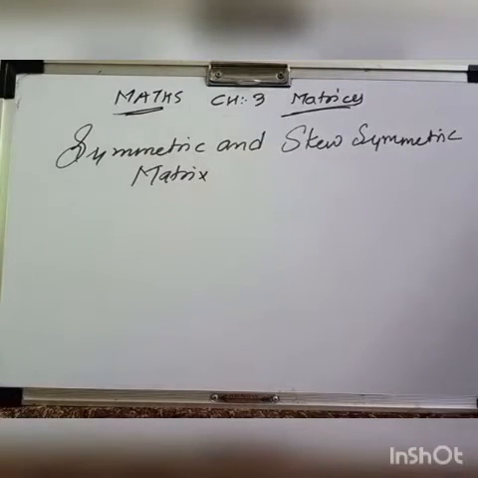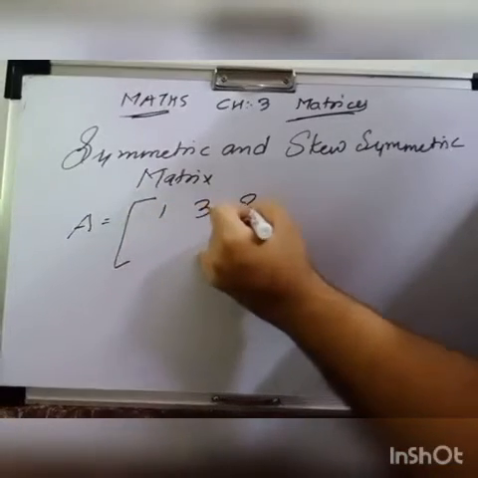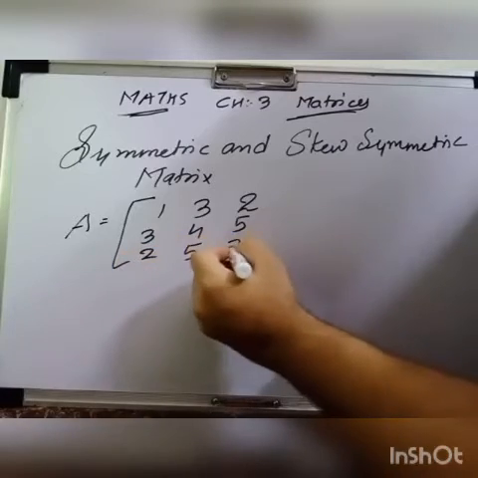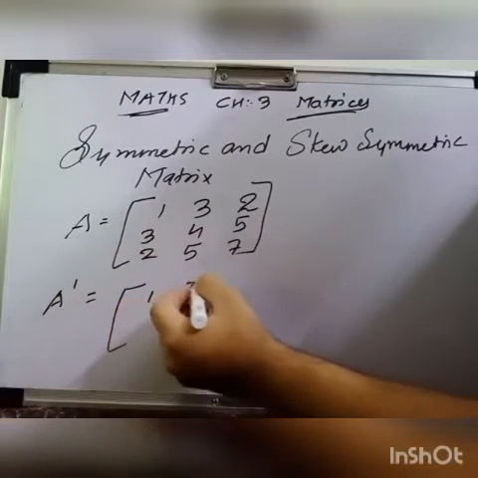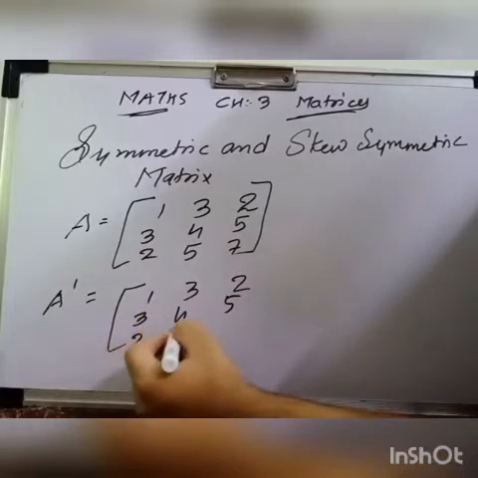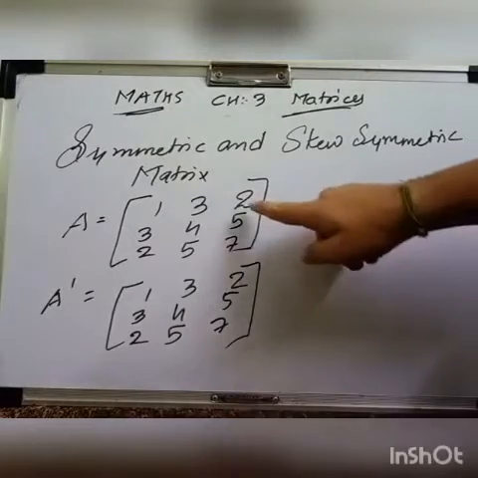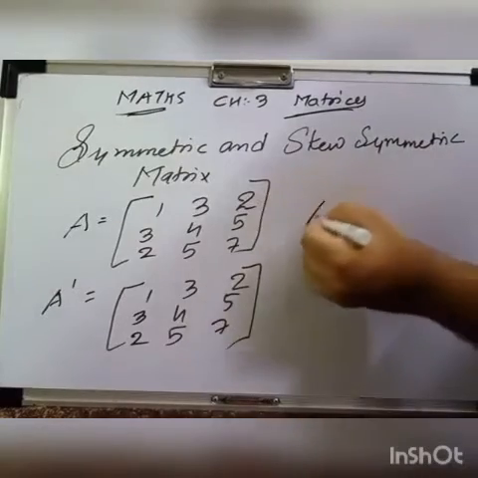Let's understand the concept related to symmetric matrix and skew symmetric matrix. So if I am given one matrix, say, and if I take the transpose of this matrix 1 3 2 3 4 5 2 5 7, and if I get the same matrix as A, then this will be my symmetric matrix.